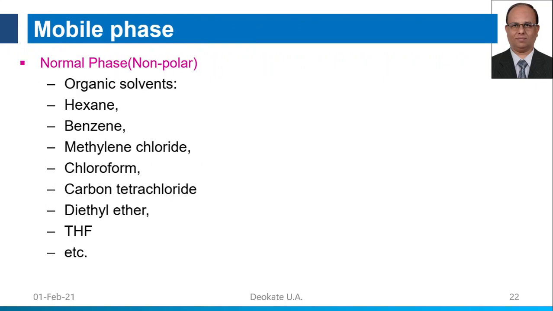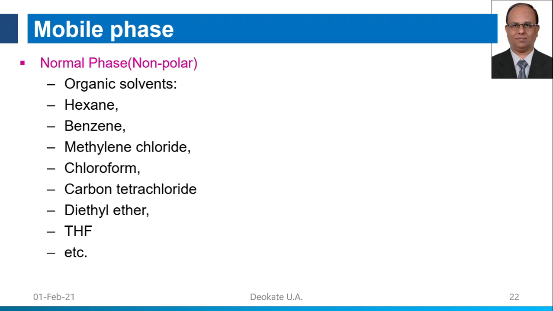Now the second component of your instrument is the mobile phase. We have studied two types of HPLC system, normal phase and reverse phase. In the normal phase system, your stationary phase is polar and your mobile phase is non-polar.